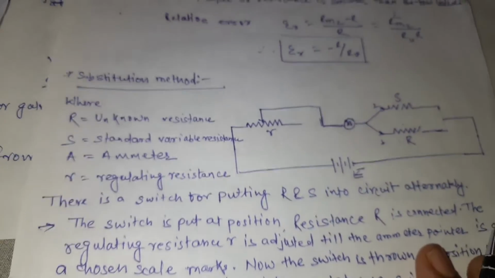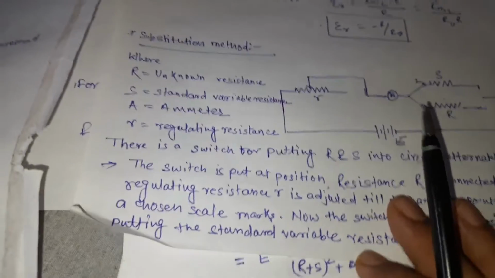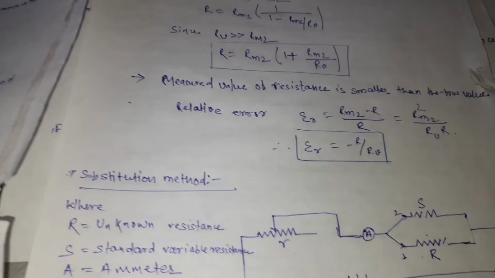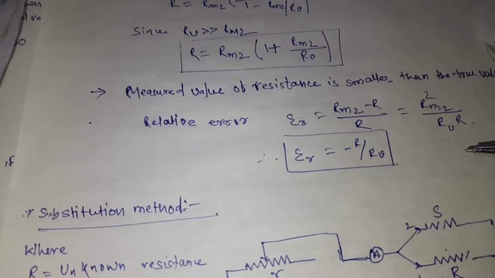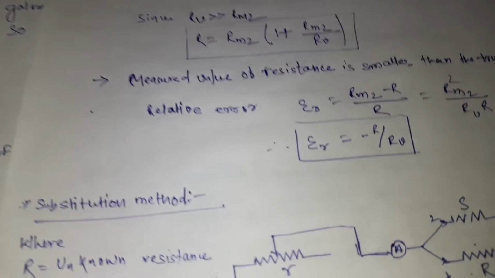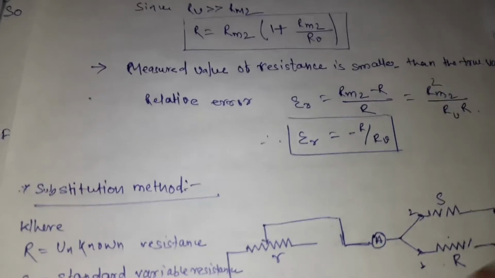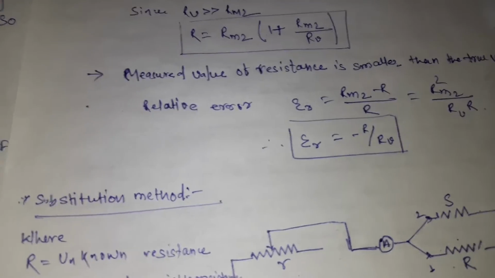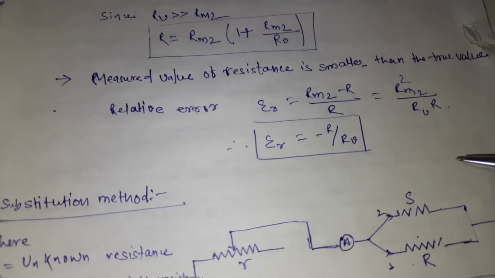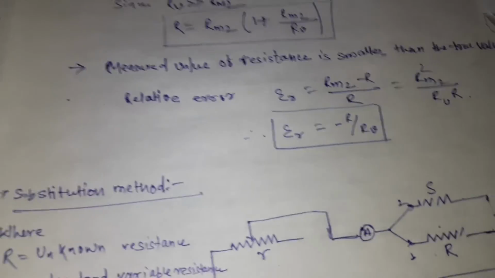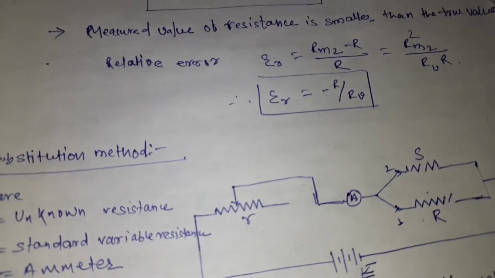Because you don't know the value of R, in the second step the switch is put in position 2. Now the circuit disconnects the unknown resistance, and we connect the standard resistance S. By changing the value of the standard resistance, we have to get the same value of current as when the switch was in position 1.